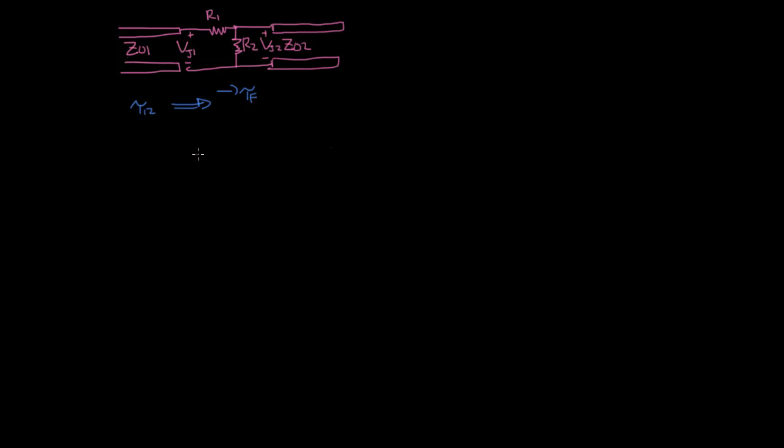So to do that, let's start by, first of all, since VJ2 is going to be the voltage drop across this transmission line as well as R2, let's just define a parameter. Let RP, or R parallel, be equal to R2 in parallel with Z02. Because for the wave that's going this way, it just sees Z02.